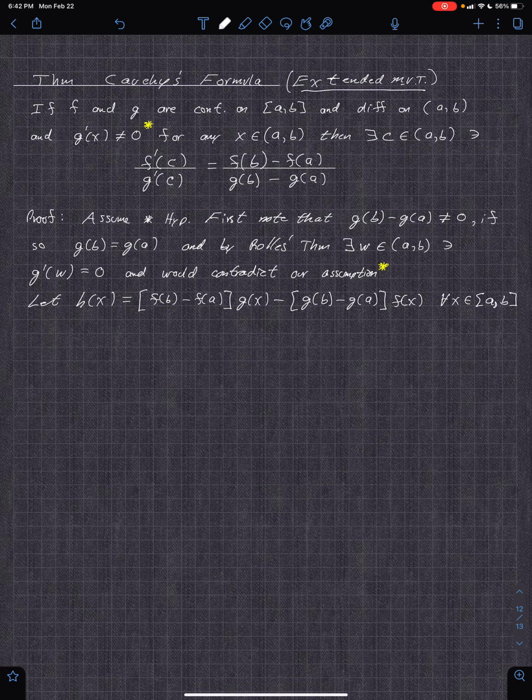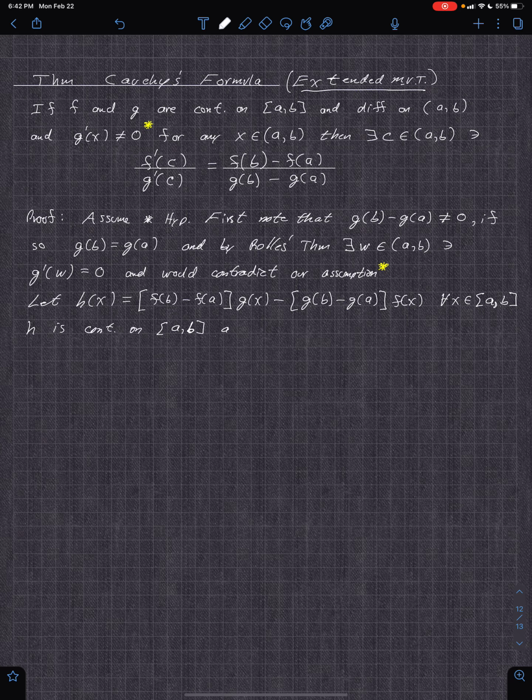All right, so now keep in mind we are assuming f and g are continuous, and differentiable. So therefore, h is continuous on the interval a, b, because it's just an algebraic sum and difference of f and g.